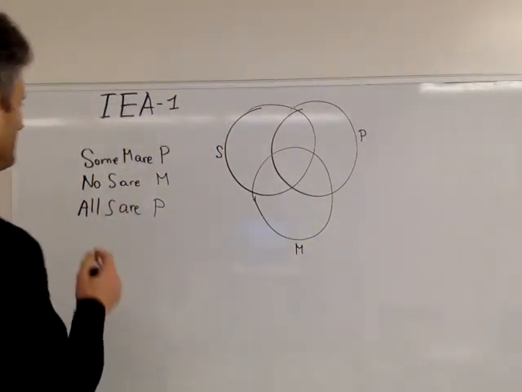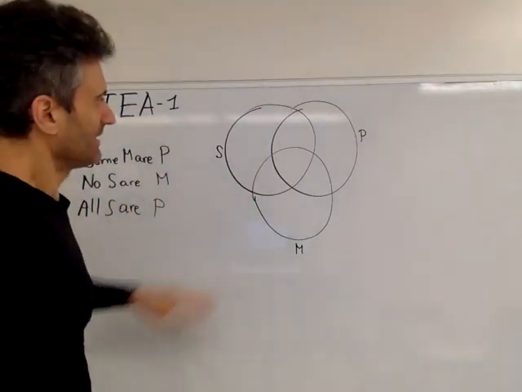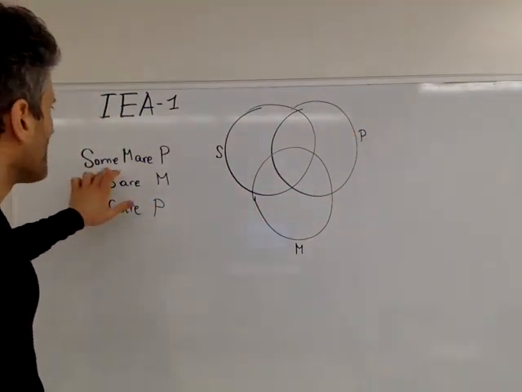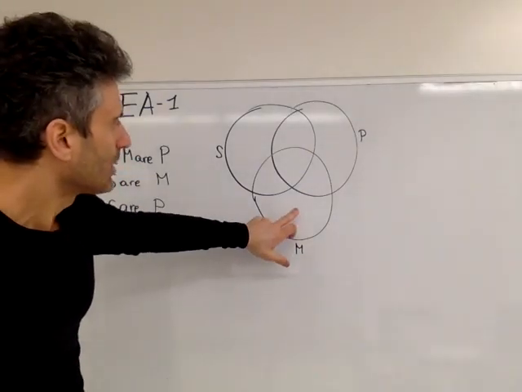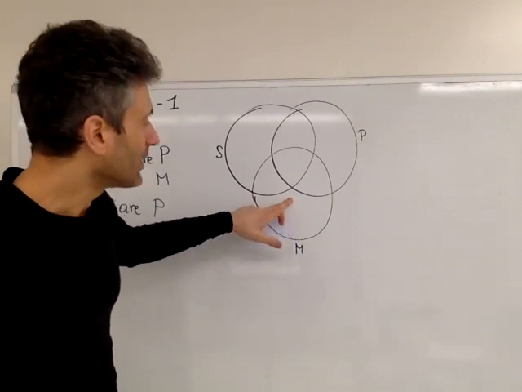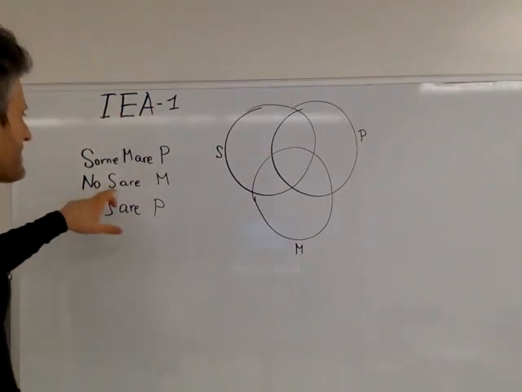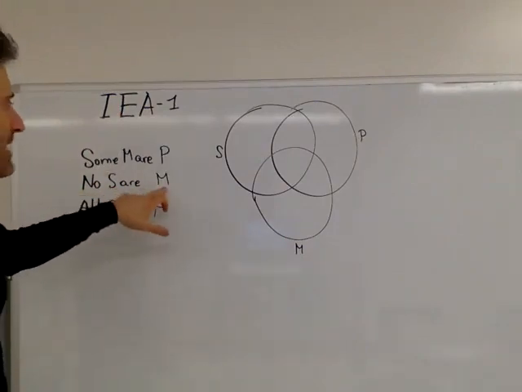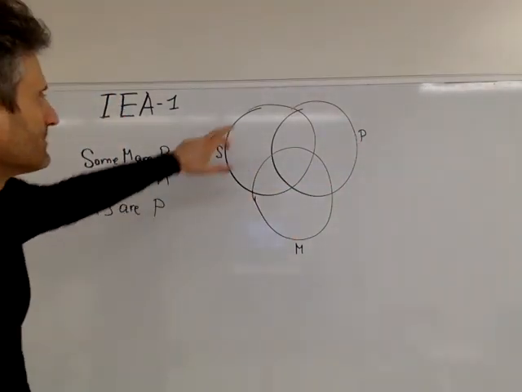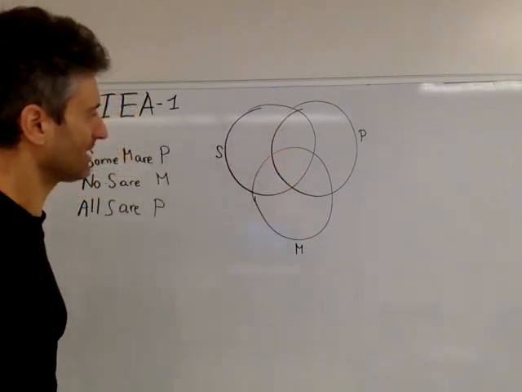For example, if we start with some M are P, now notice that since our diagram is completely blank, if I want to say that some M are P, where exactly do I put the X? I don't know where to put the X. Now, if some S are M, sorry, not P, I don't know why I said P. Some S are M. There are several places where I can put the X, remember?